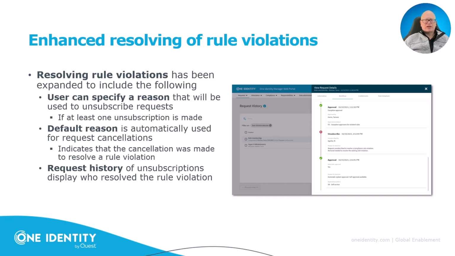This is now solved as well, in a way that CISOs or people who solve rule violations can just define messages which explain why they did something, for example, unsubscribe something. If the people are not doing that, there is a fallback, the default reason feature, which allows the system to just add the default reason to their decisions.